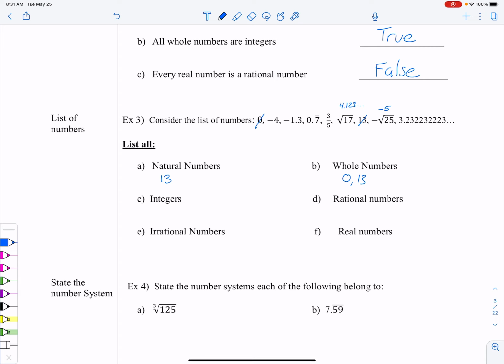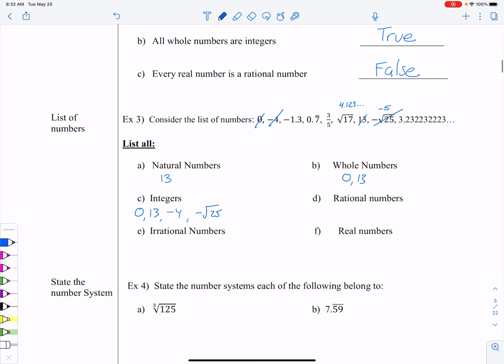Next, integers. So now we're going to add in any negative numbers. So we still have 0 and 13, but we're going to add in our -4, and we have negative root 25, which is -5. We have those to add in. Next, we have the rational numbers.